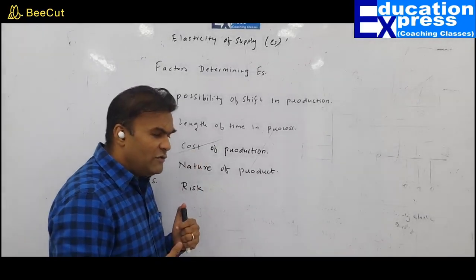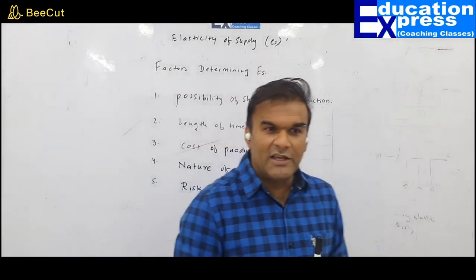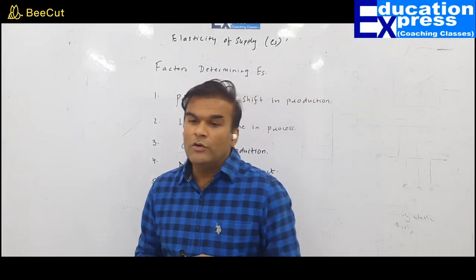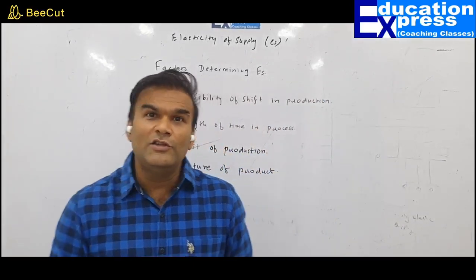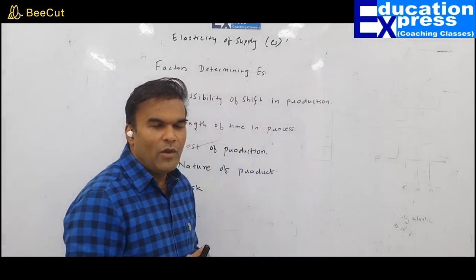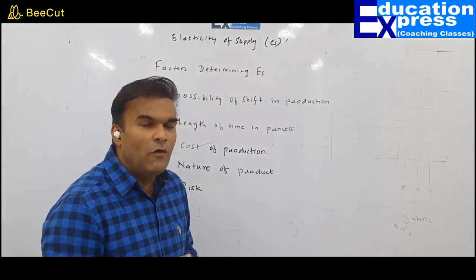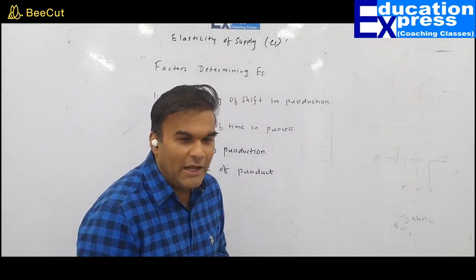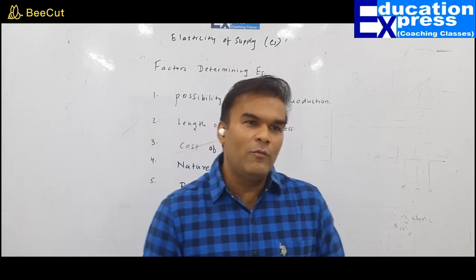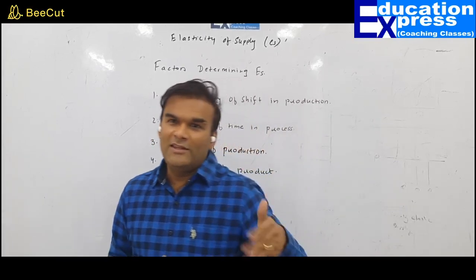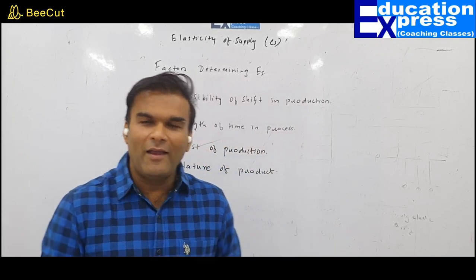Cost of production for any producer is extremely important to decide whether to increase or decrease supply. Now in case the cost is falling, I would grab an opportunity to produce more to match up with the rising prices in the market.